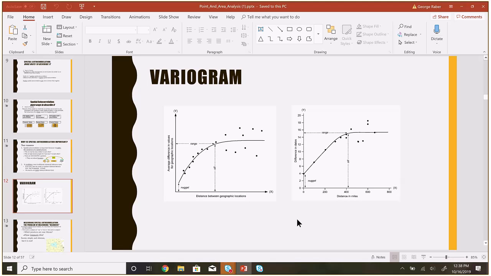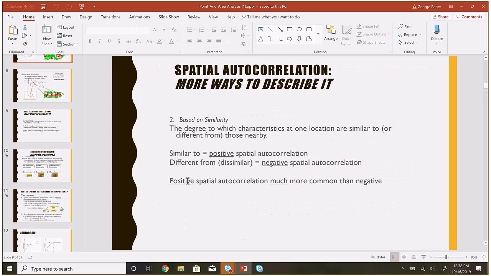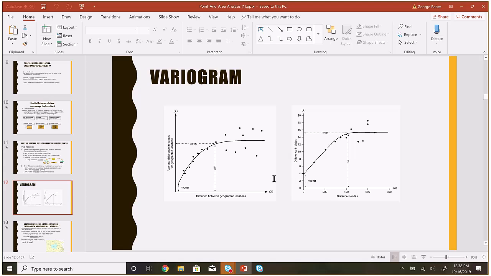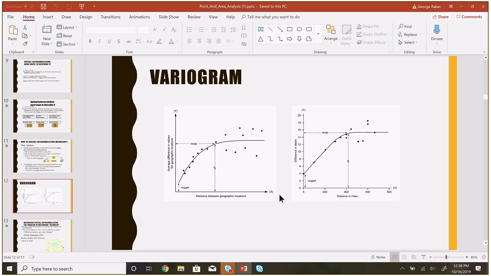The variogram shows the relationship between all locations. So if we were to map the variogram of this, we'd have every single pair of values mapped. And the x-axis is the distance between the two observations, so distance is on the bottom.